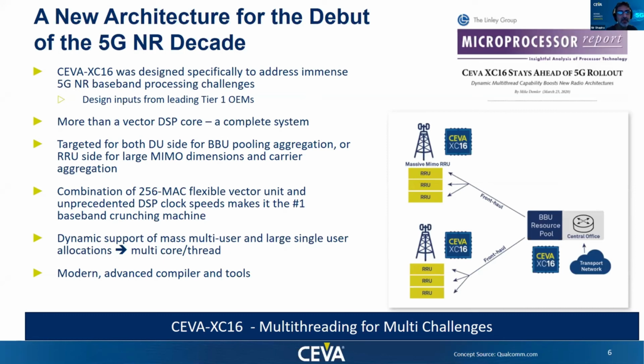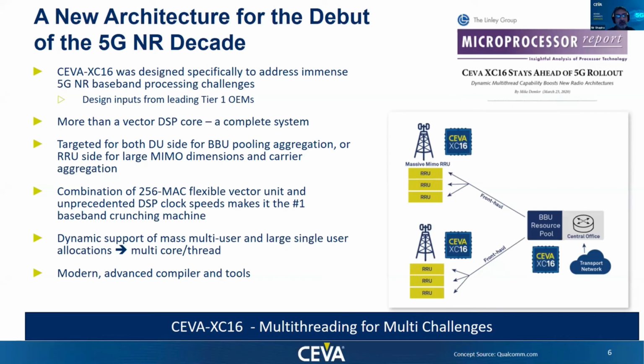It's a complete subsystem by itself. As you can see from the figure here, one can target the XC16 core to be embedded in either remote radio devices, like massive radios, or in the central office or baseband unit device. So it is very well suited for both kinds of baseband processing.